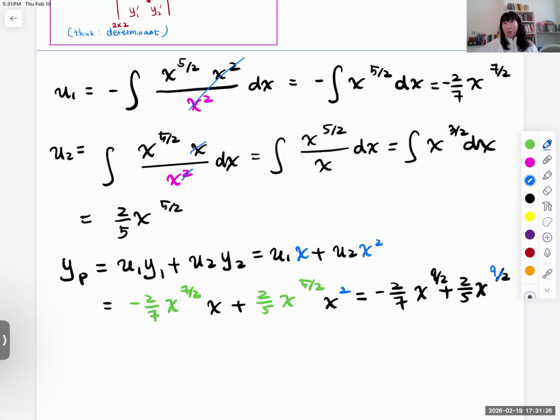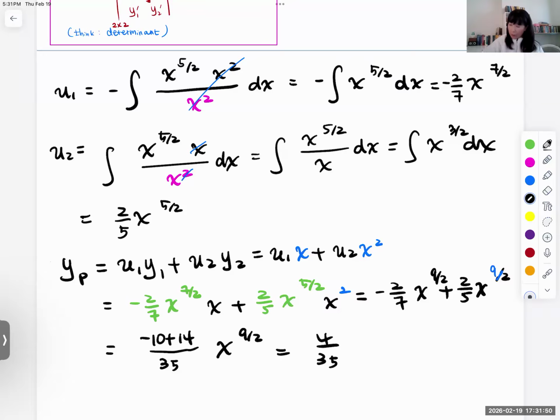Okay, we have the same power, then we can make a common denominator, right? Combining, so we have over 35, negative 10 plus 14, x to the 9 over 2, which is 4 over 35 x to the 9 over 2.